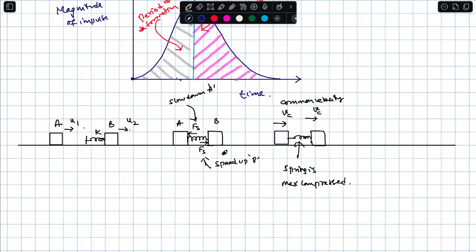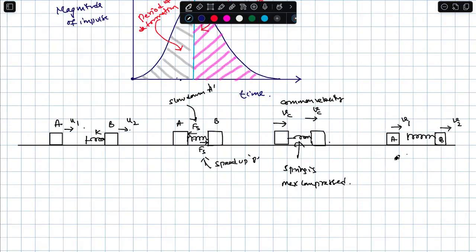Prior to this, the spring is in the state of compression. After this, the spring will recover. So finally, at some point of time, you will notice that this will have some v1 velocity, and totally detached from B, this will have some v2 velocity.